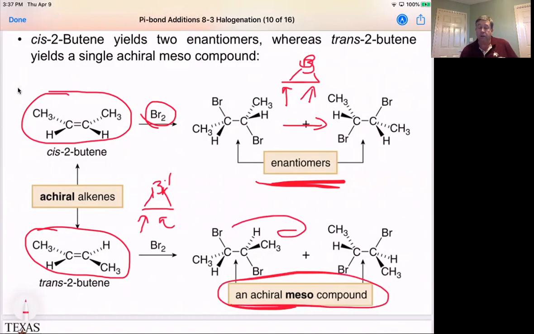Okay. So it's easier to see when we use the cyclohexene or the cyclopentene because we don't have that free rotation, but when we do it with these straight chain systems, we actually do see that they create a single achiral meso compound.